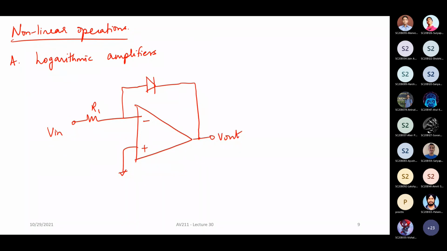Now we know that the diode is a nonlinear element, and the current through a diode is Is times exponential of, let's say this is your diode voltage, let's call it Vd, divided by some eta times the thermal voltage, minus 1. Because of the negative feedback, we know that this is 0 volt and this is also 0 volt.